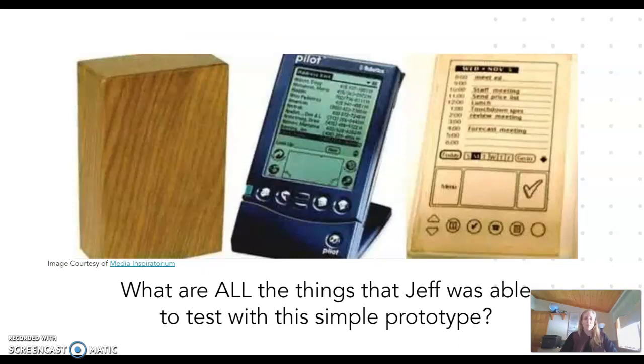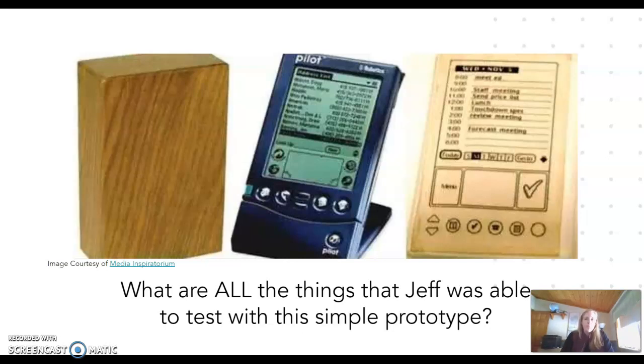First, they took a small block of wood just to be able to see if people would carry something around with them. They made it about the size of the original Palm Pilot, made sure it fit in breast pockets of gentlemen wearing dress shirts, made sure that women would put it in a purse or find a place to store it to keep it on them, pockets as well.